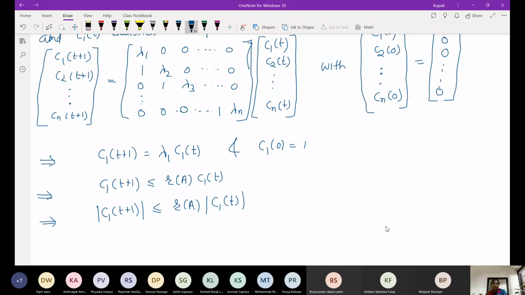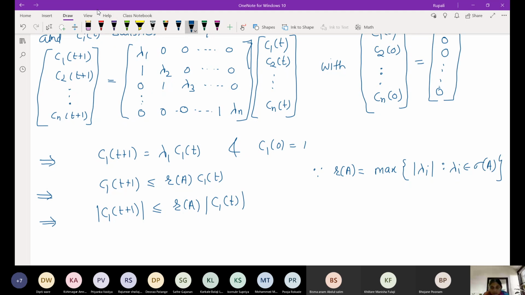Is that right? The modulus of R(A) is nothing but R(A), because what is my R(A)? It is the maximum of the modulus of lambda_i, where lambda_i belongs to sigma(A).